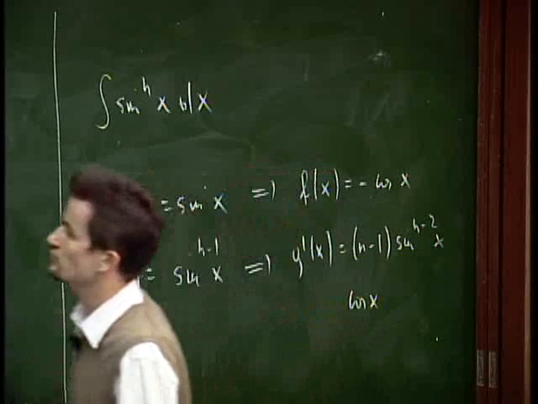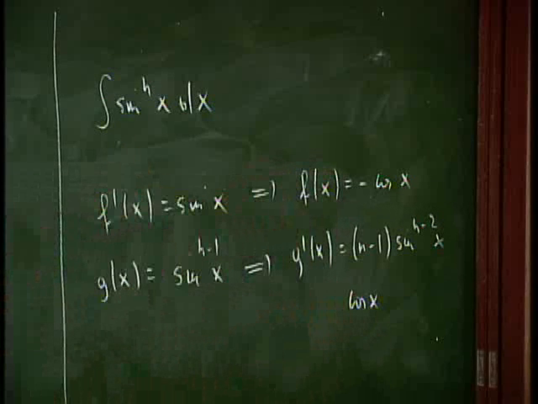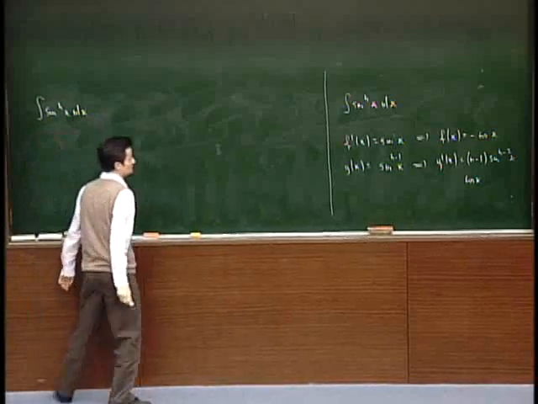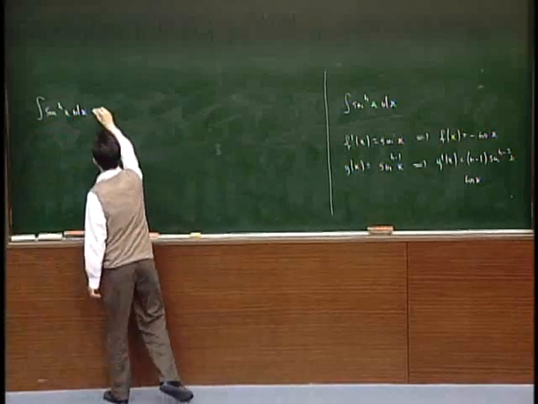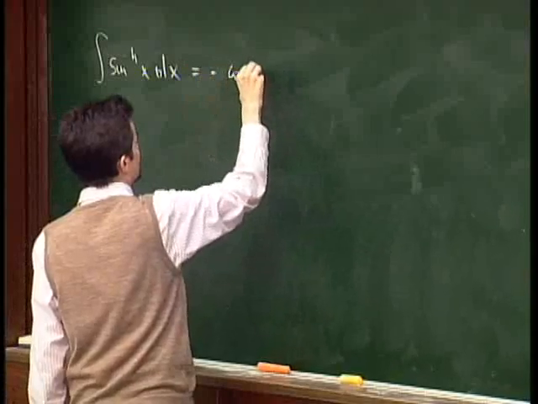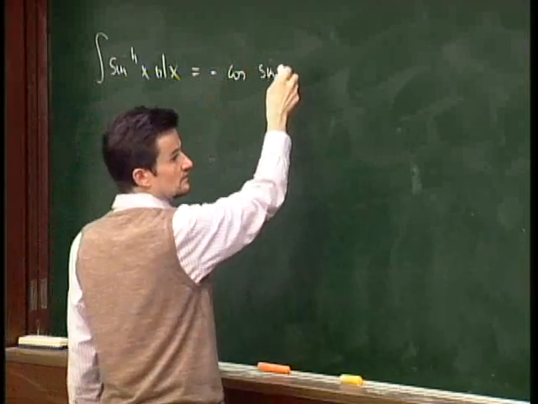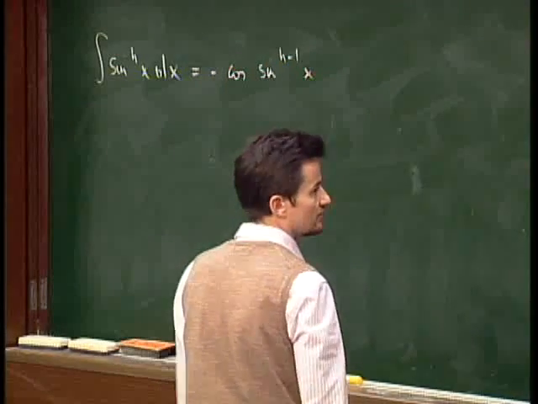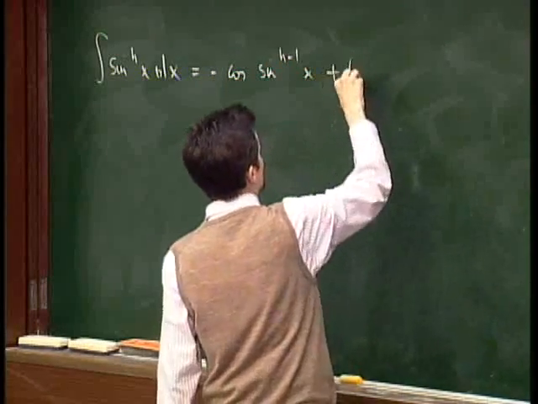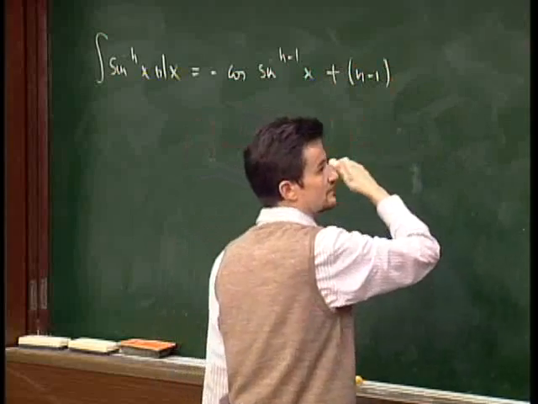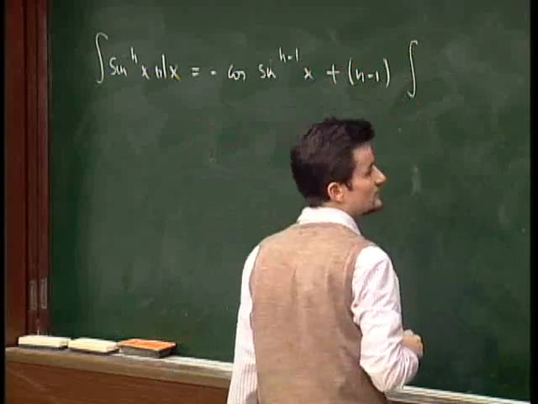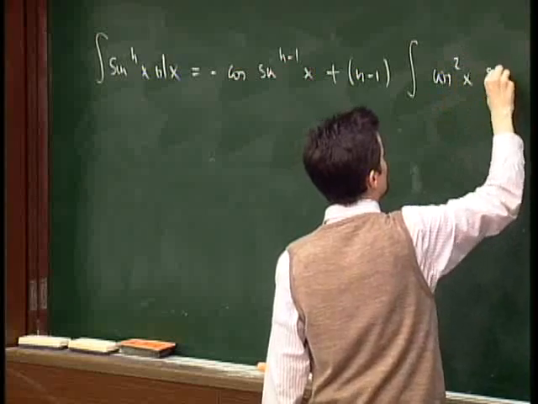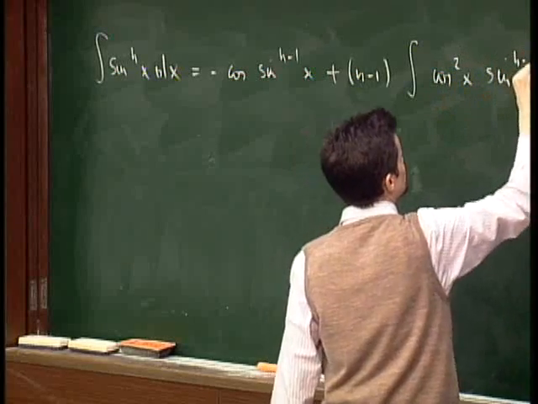So this reduces the problem to: we have minus the cosine times sine to the n minus 1 of x, and then we have plus n minus 1, and then the remaining part is the integral of cosine square of x times sine to the n minus 2 of x dx.